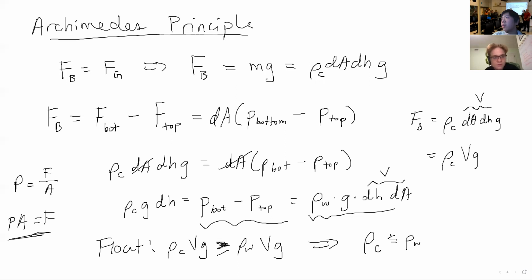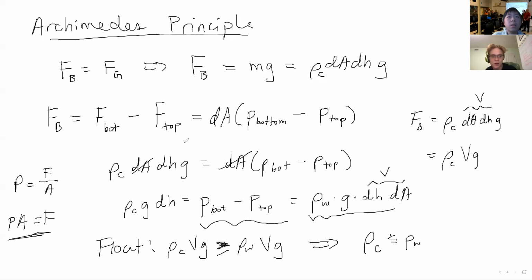Andrew, I need a little bit of help here. Yeah, I'm looking through it right now. Okay, so you got PC. I think it should be PCDH instead of PCVG. Wait, on which line?